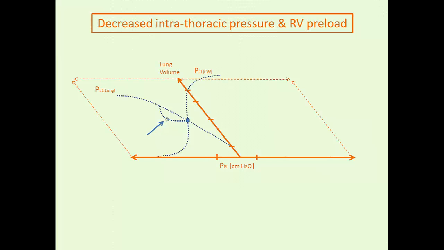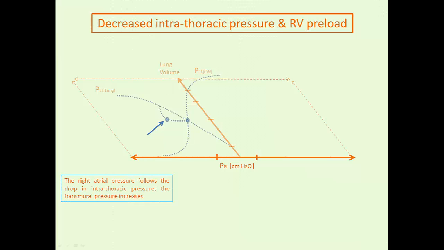So if you were to perform this decrease in intrathoracic pressure without a change in lung volume, you're going to decrease intrathoracic pressure, so you're going to drop along the x-axis here, but you're not going to have any change in the z-axis here. There's no change in lung volume. Again, in a real Mueller maneuver, you drop your intrathoracic pressure way down here or so. But in a normal inspiratory breath, you're just dropping it a few centimeters of water.